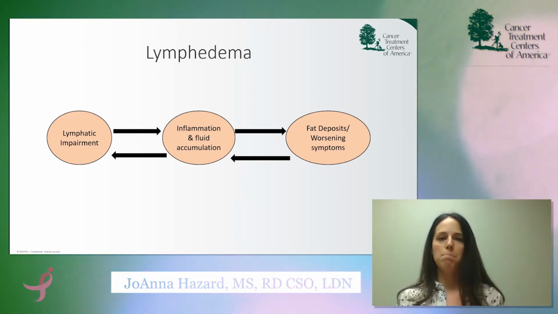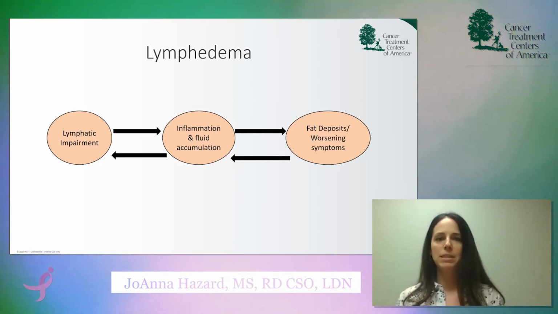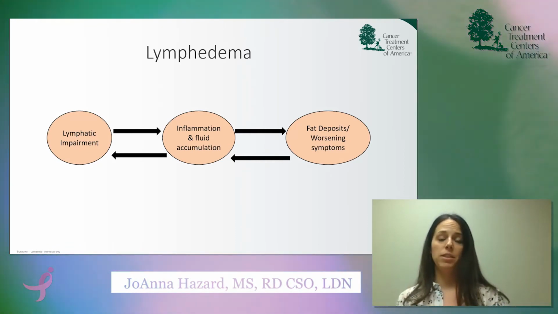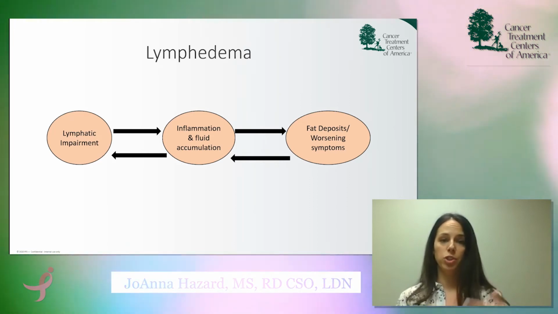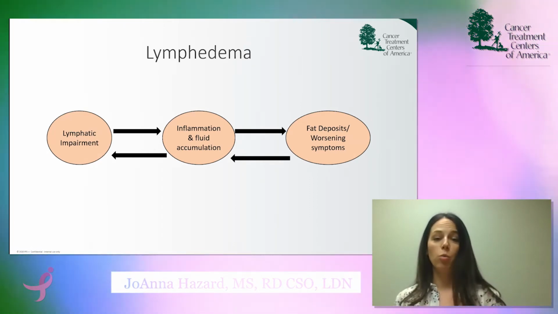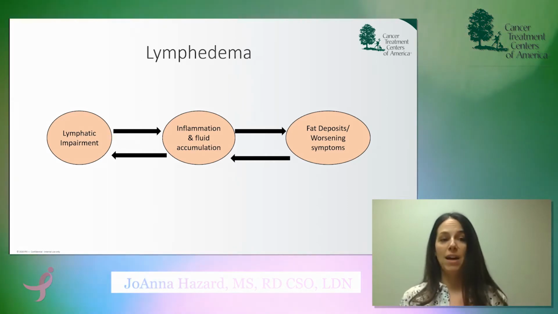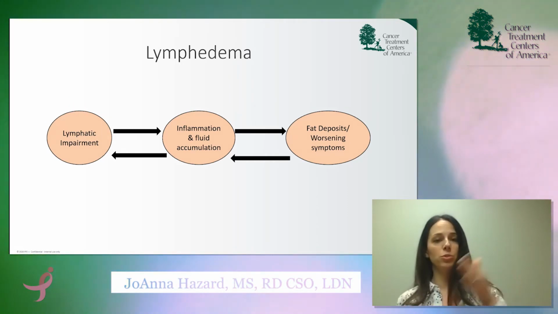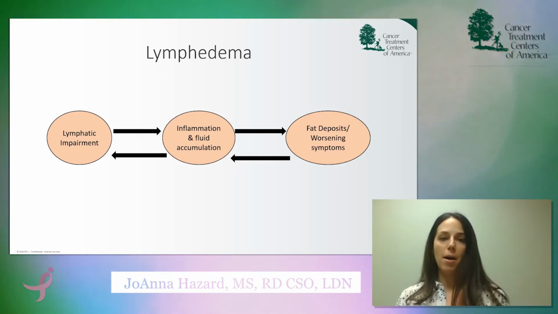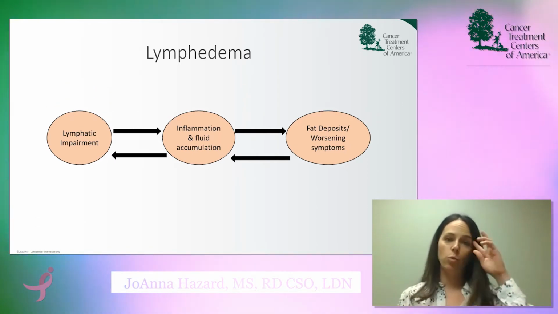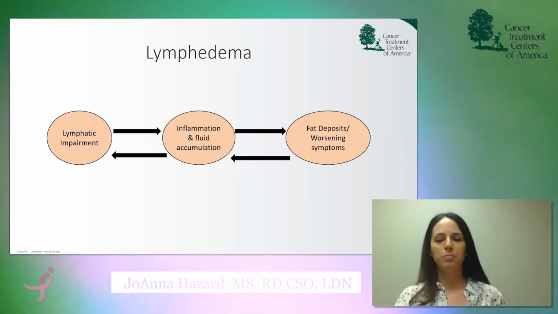It's just this metabolic reaction that happens. And so you have this fat deposition, which makes the fluid circulating around even worse, which creates more inflammation, which creates more lymphatic impairment. So you get this circle that just goes around and around and around. And if you don't do something to stop that vicious cycle, it will continue to just get worse.